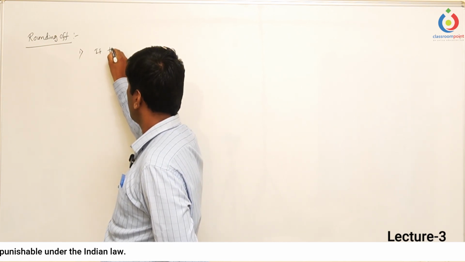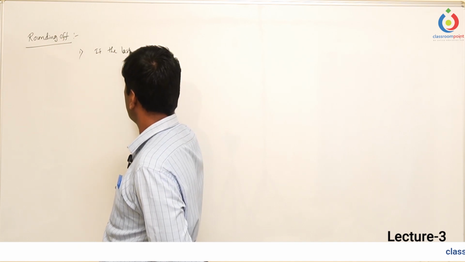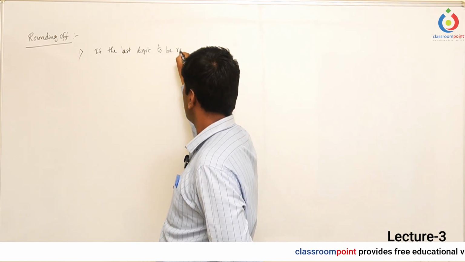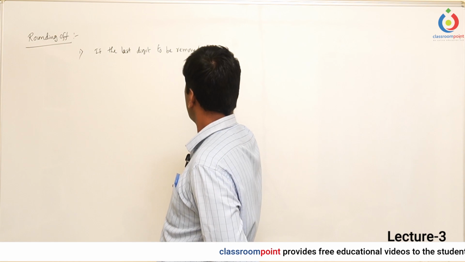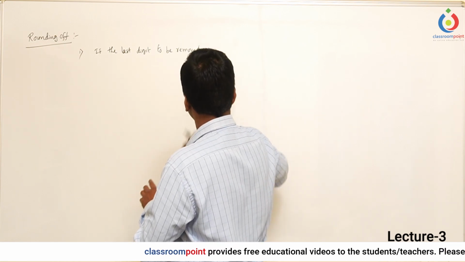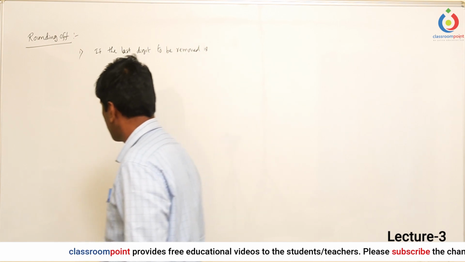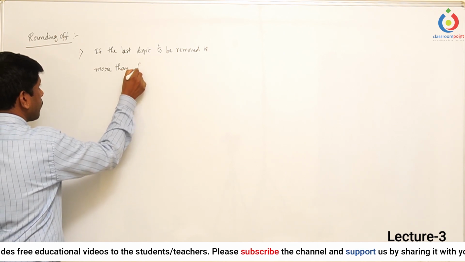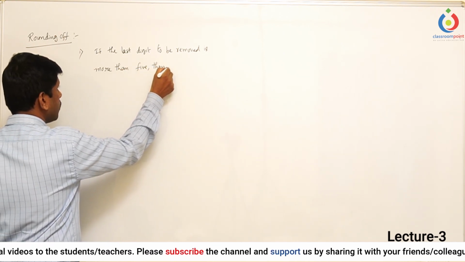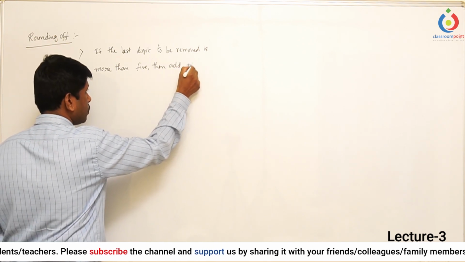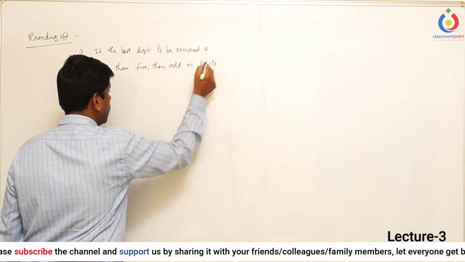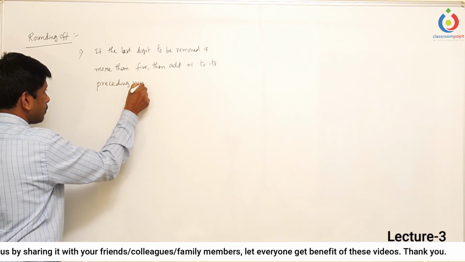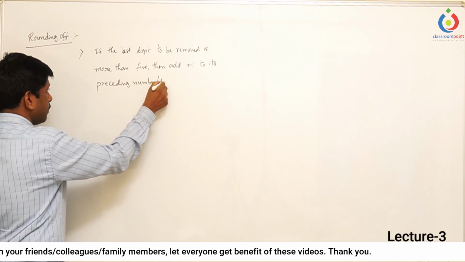If the last digit to be removed is more than 5, then add +1 to its preceding number or digit.